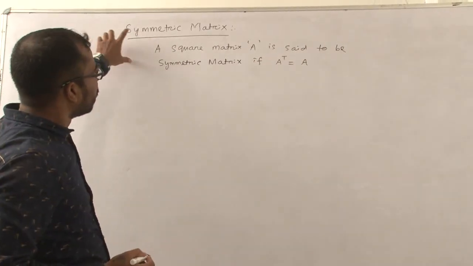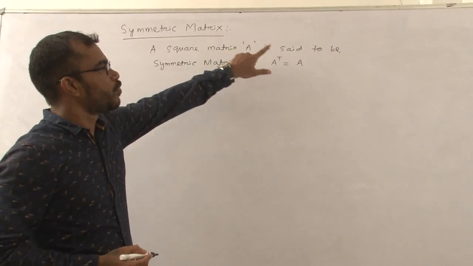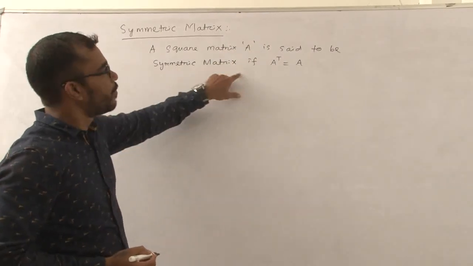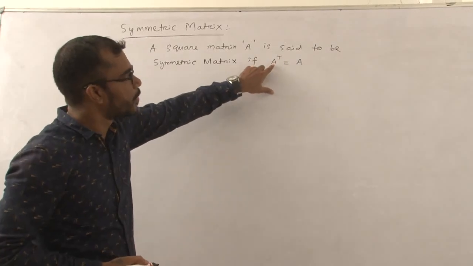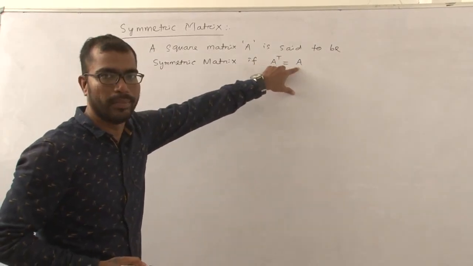So a square matrix A is said to be symmetric matrix if transpose of A is equal to A. That means transpose of the given matrix is equal to the given matrix.